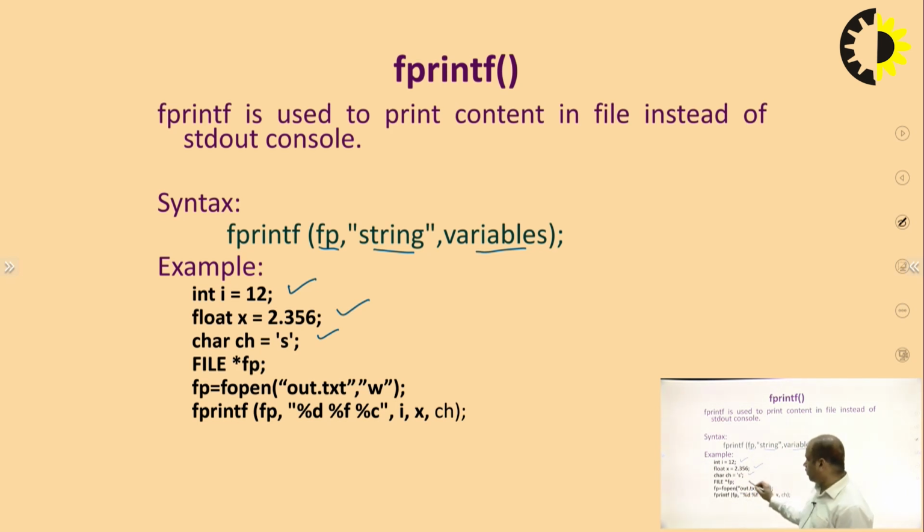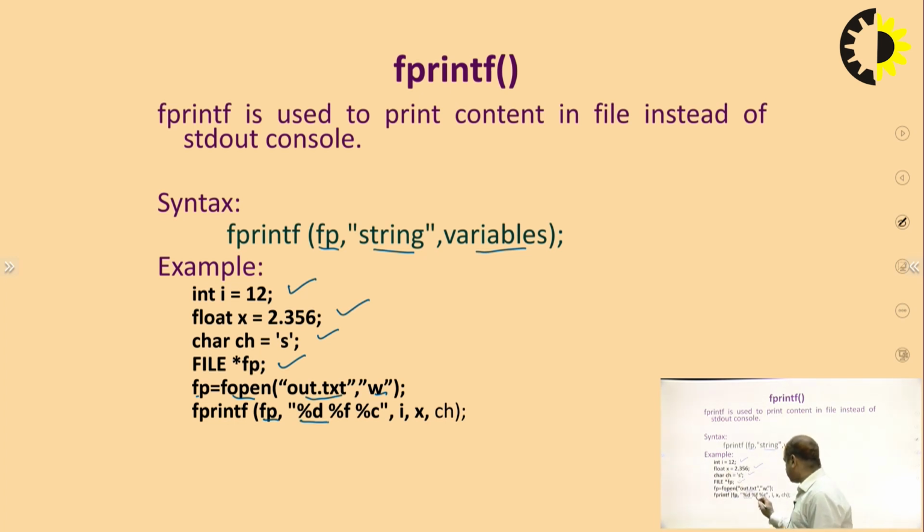Now we have to open the file with the file pointer, and the fopen function will open the file out.txt in the write mode, and we have to define fprintf. What we have to define in fprintf: the file pointer. What are we going to define? We are defining these three variables in the file. First, as we know that is an integer, we have to define it with %d.